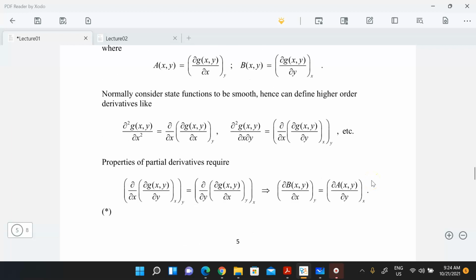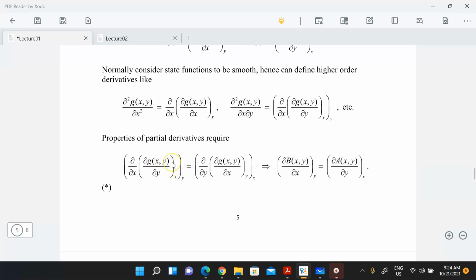Now, the properties of partial derivatives require that when you do mixed derivatives, d/dx d/dy, for example, you must have the property that it is equal to d/dy d/dx. So in other words, in terms of the earlier function, you need those functions to behave in this way. Forget, for example, that you do not really know this one, but if you observe this, then you know that this is actually the condition of the second order derivative.